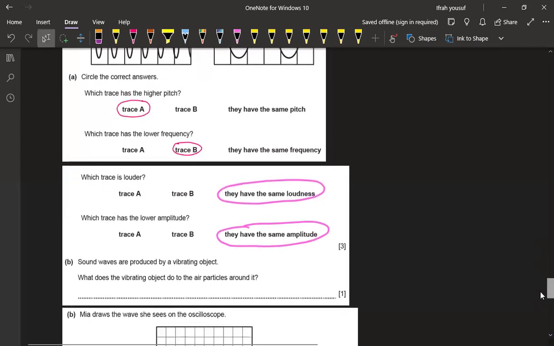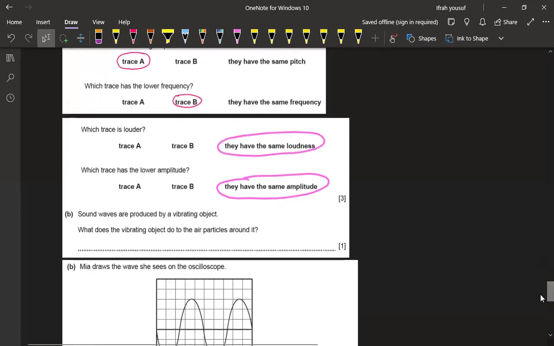Okay. All right. So sound waves are produced by a vibrating object. What does the vibrating object do to the air particles around it? Yes, beta. Yes. So sound waves are produced by a vibrating object. What does the vibrating object do to the air particles around it?